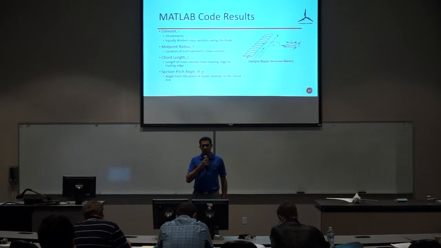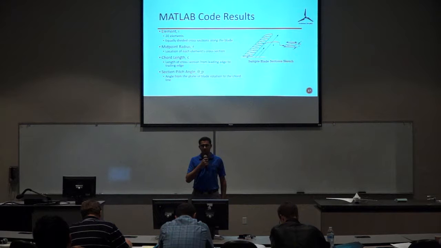So all those design parameters are put into a MATLAB code, and the MATLAB code ran 20 iterations for the 20 elements that we used for our blade, resulting in midpoint radius, chord length, and section pitch angle. The midpoint radius is the location of each element's cross-section.